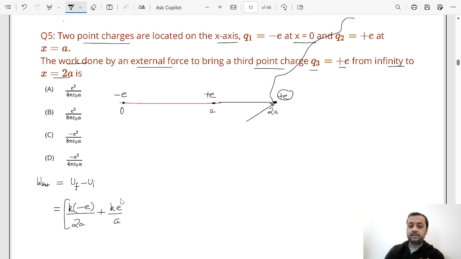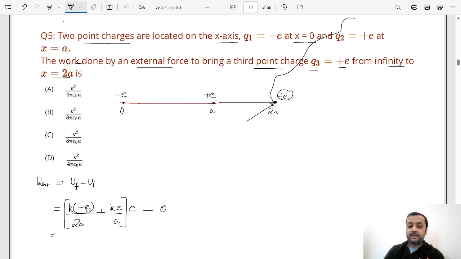This total potential you multiply with the charge plus e. Then minus the initial potential energy, which was 0, because this charge was at infinity and the potential of these two charges is 0 at infinity. So this will be your answer.